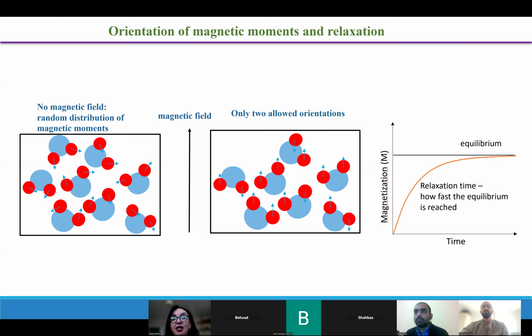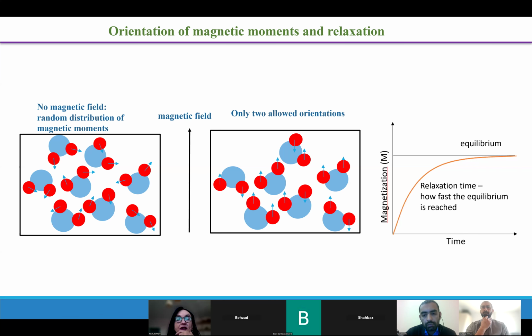Because I have, for instance, 1 million up, 1 million 1,000 down. The difference is 1,000, yeah? And they sum up, and I get a larger magnetic moment, which I am able to detect, observe, and so on.